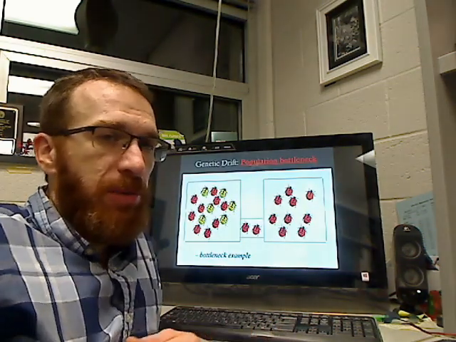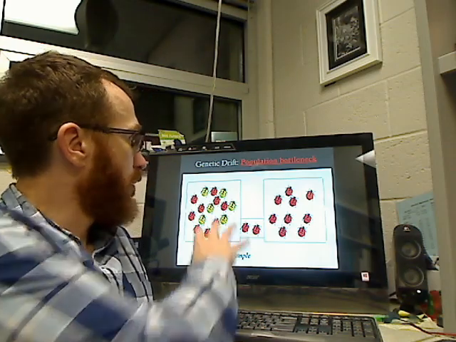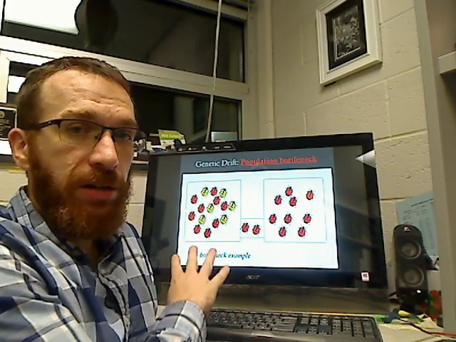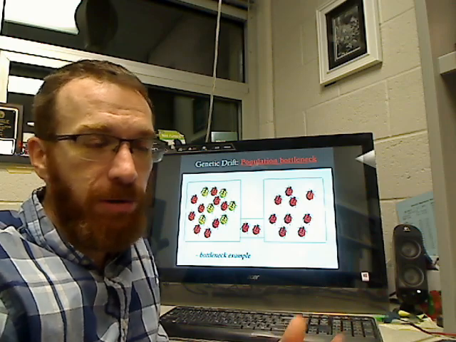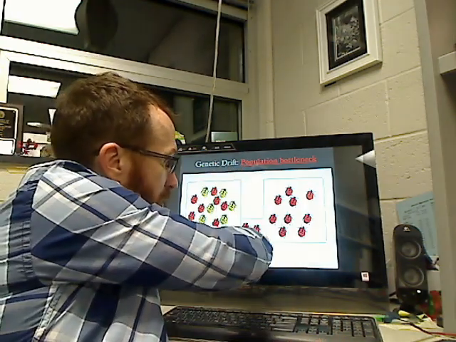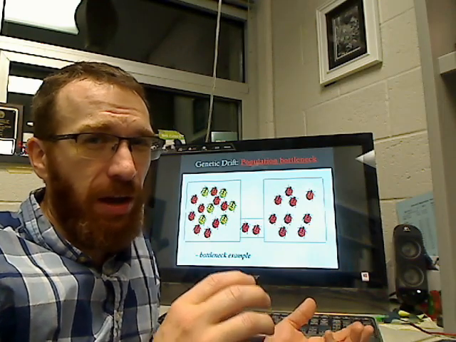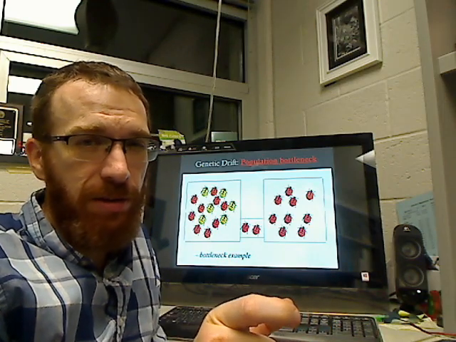Same thing for another type of genetic drift called population bottleneck, where you have your population that's very genetically diverse on the left, you have yellow and red beetles, and then a disaster strikes, it reduces the population all the way down to 2 beetles, and all the yellows die, and all you're left with are the 2 reds.